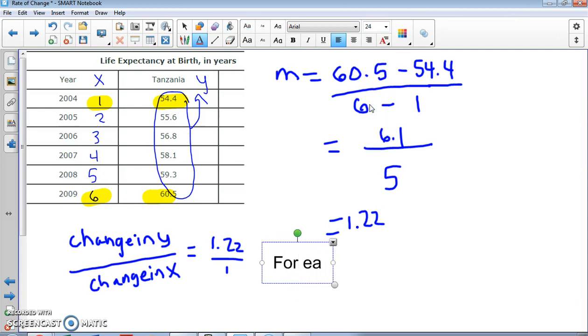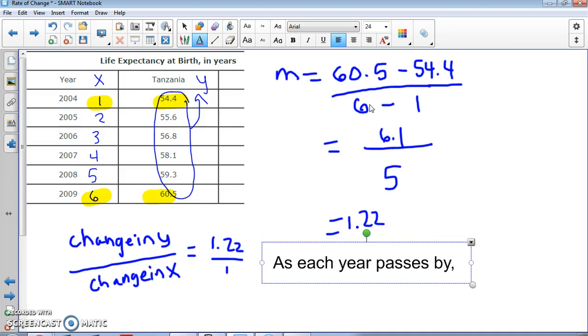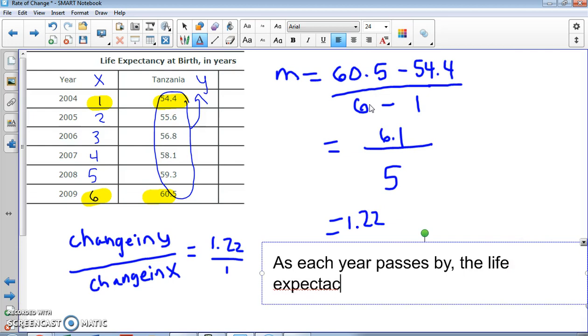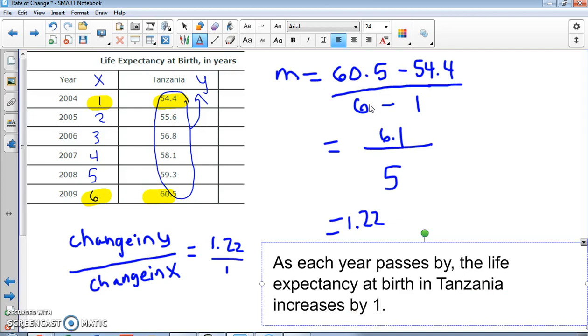So for each year that passes by, that's our x values, the life expectancy at birth in Tanzania increases, since our slope is positive, by 1.22 years. So that's going to be our slope.